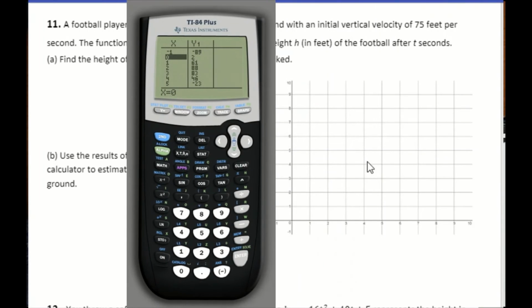Let me move this over. So let's see, we've got 0, 2. Now hold on, this is looking like we're not going to be able to fit very many of these points on here. So what we may consider doing is changing the scale here, because look at how big these numbers get, 61, 88, 83.